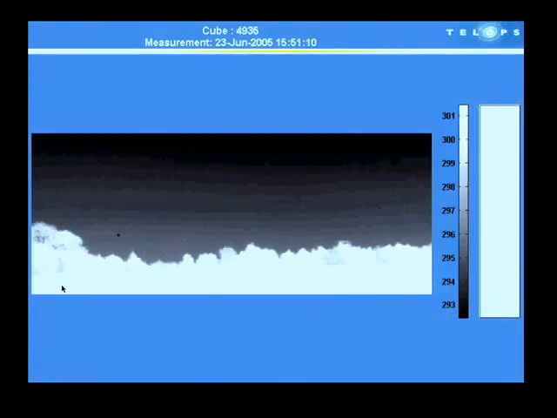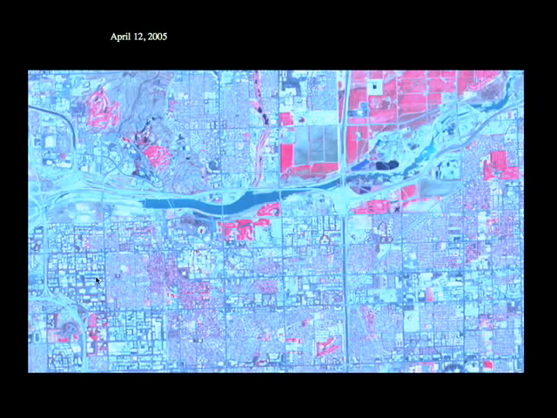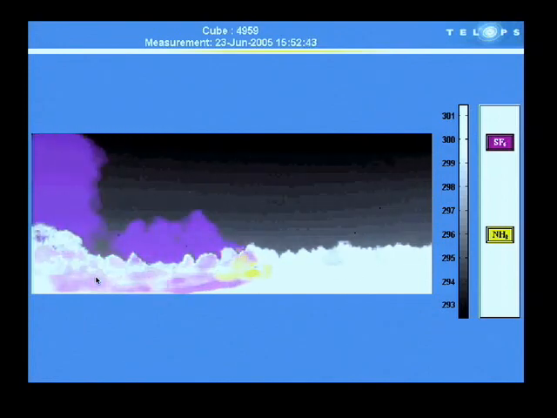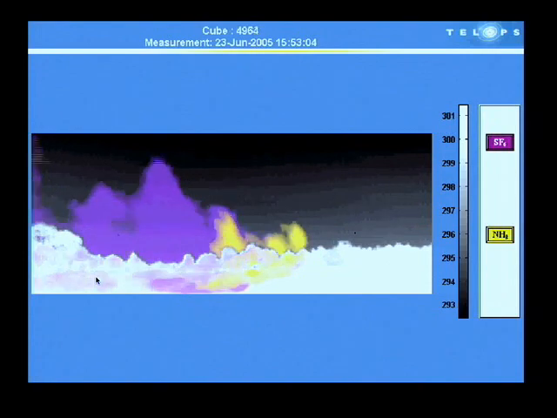So for pollution monitoring, for looking at what's coming out of smokestacks, for what's coming out of cities, this next generation of remarkably sophisticated imaging hyperspectral instruments is a tool and a technique which I think is going to have tremendous potential and get a lot of use.